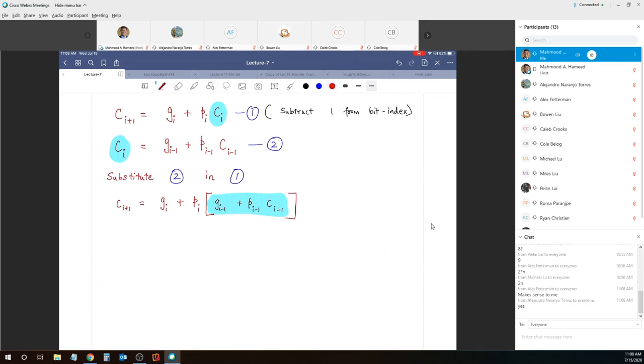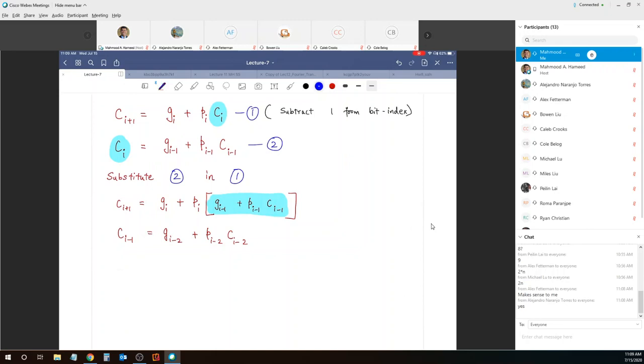Now let us write, what do you have? G independent of c, p independent of c, g sub i minus 1 independent, p sub i minus 1 independent, c sub i minus 1 is the culprit now, right? So c sub i minus 1 should be attacked. So let's write c sub i minus 1 equals what? Subtract 1 from the bit index again, right? So what do you have? G sub i minus 2, or p sub i minus 2, c sub i minus 2.